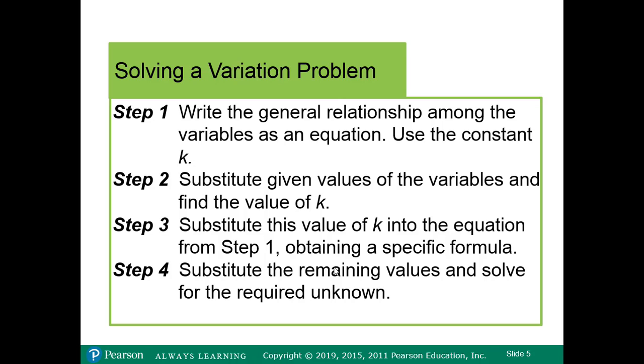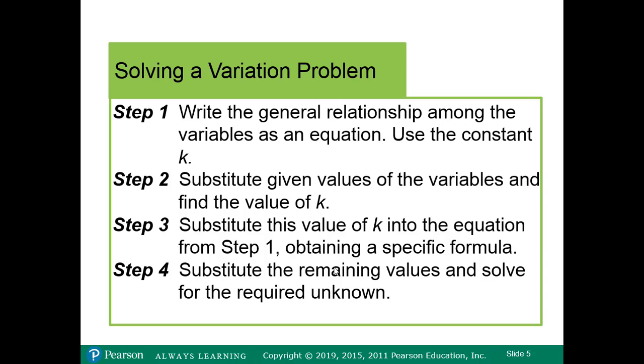To solve variation problems, here are the steps. Step 1, write the general relationship among the variables as an equation, using the constant k. Step 2, substitute the given values for the variables that we know, and find the value of the constant, so we solve for the constant.